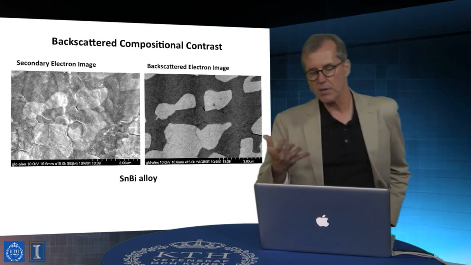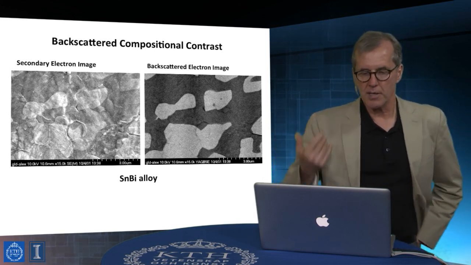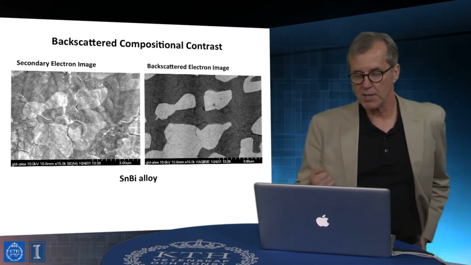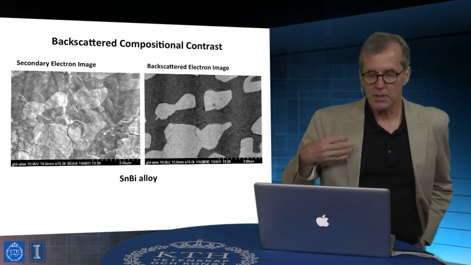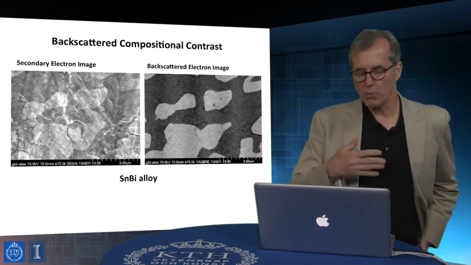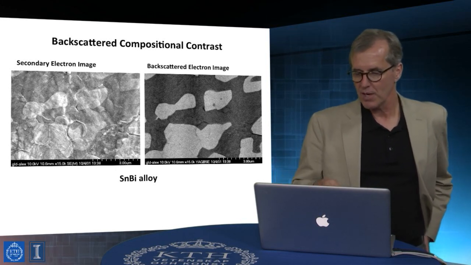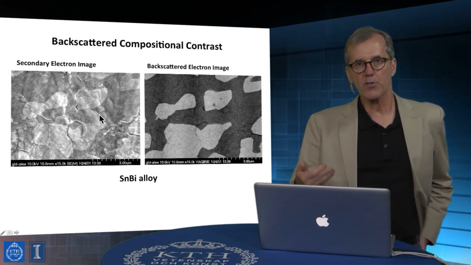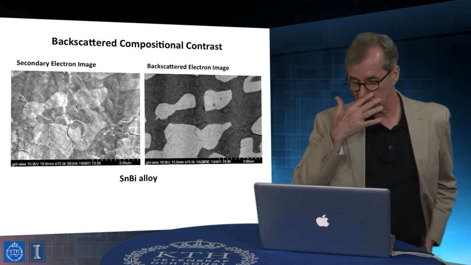Here's a really terrific example of imaging done using two different detection means to construct the image. One is a secondary electron image, and it has a lot of topological information in it. We would say both images show relatively smooth samples. It looks a little bit smoother in one case than the other, and that's because the secondary electron image is telling us a lot about morphological and topological information about the sample.